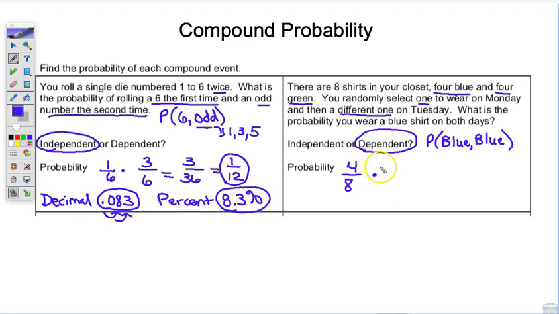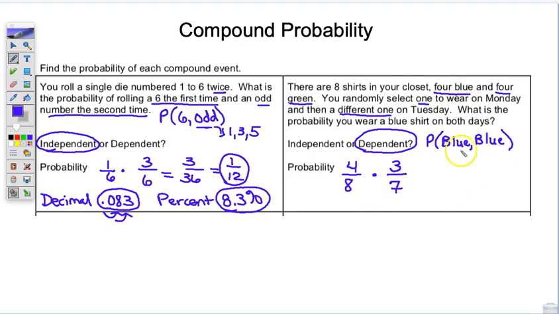Now, once you wear a shirt on Monday, it is no longer available on Tuesday. So if I take 4 and I subtract 3, or subtract the one that I wore on Monday, that would mean I would only have 3 blue shirts to choose from on Tuesday and 7 overall.